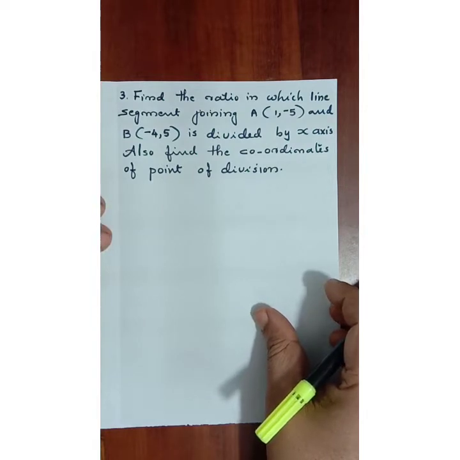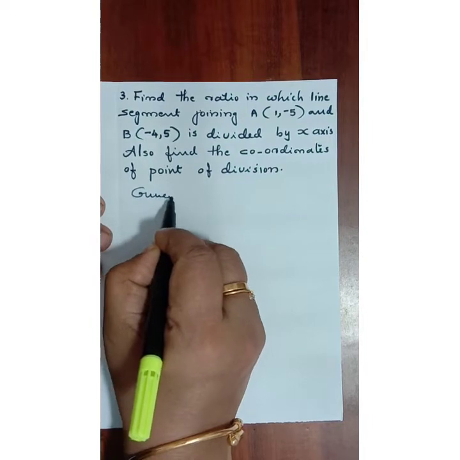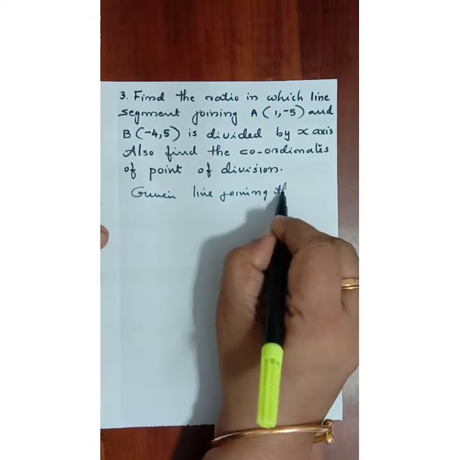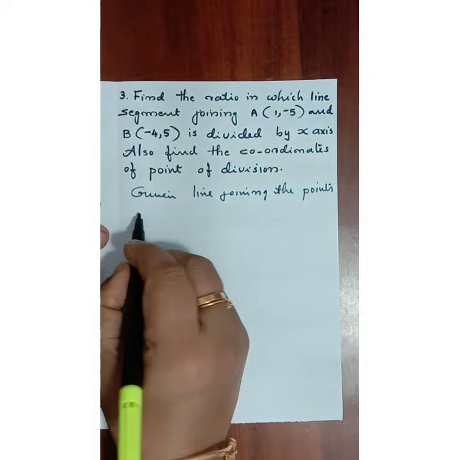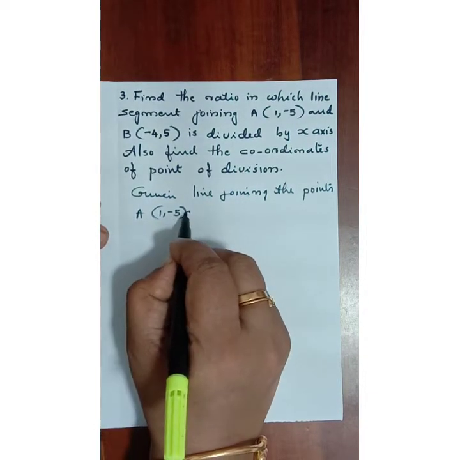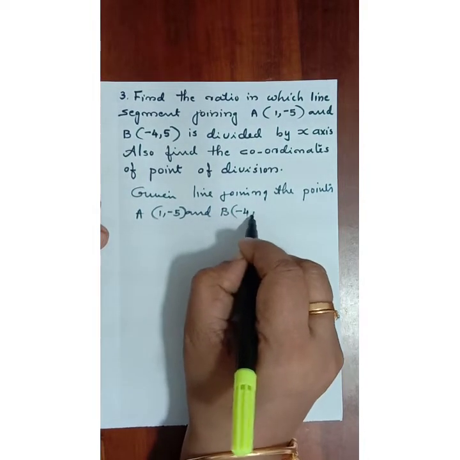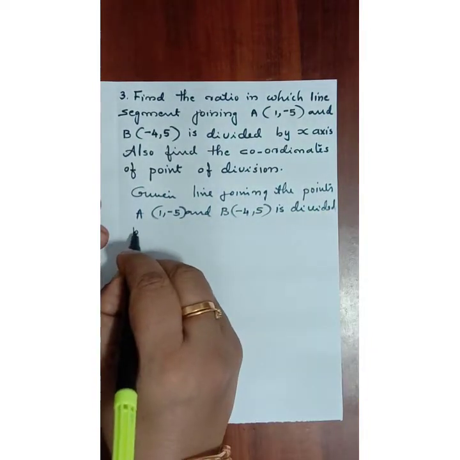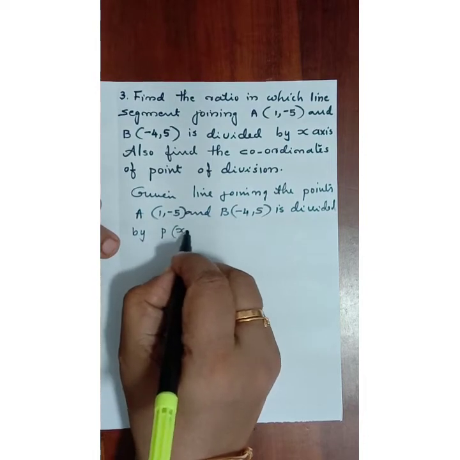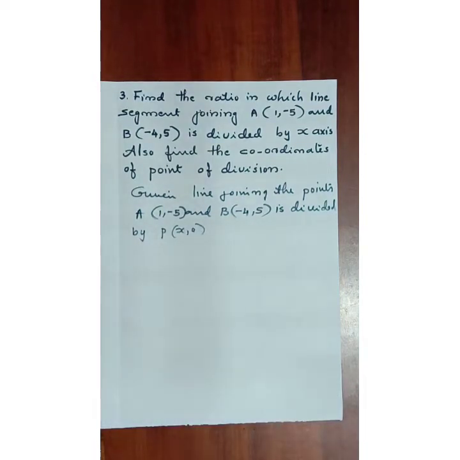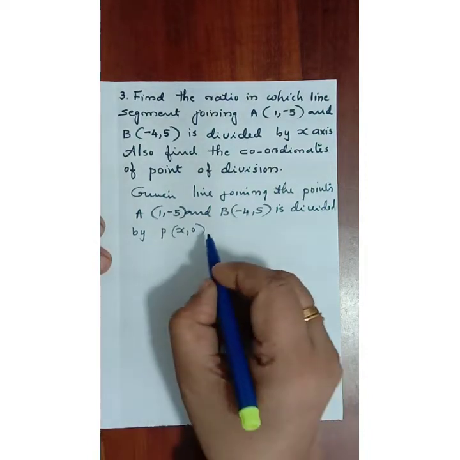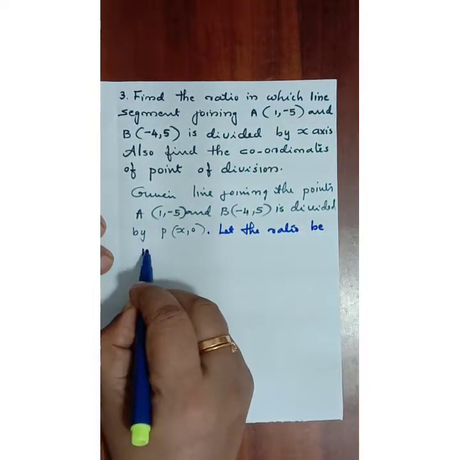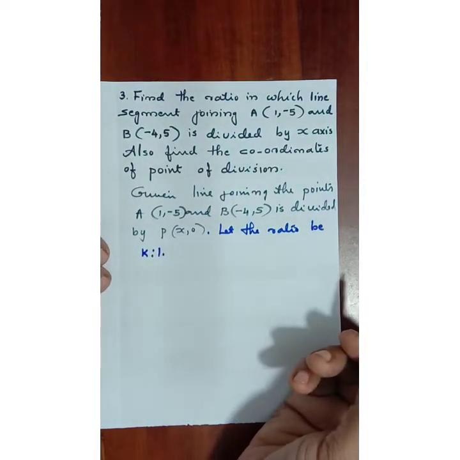Given the line segment joining the points A(1, -5) and B(-4, 5) is divided by the x-axis, meaning point P(x0, 0). Let the ratio be k is to 1.